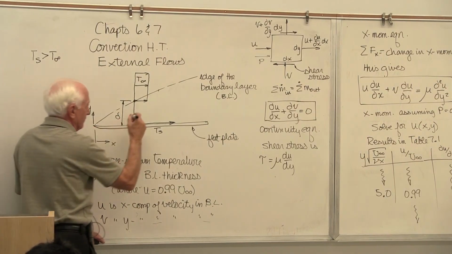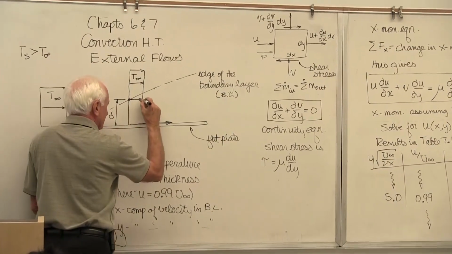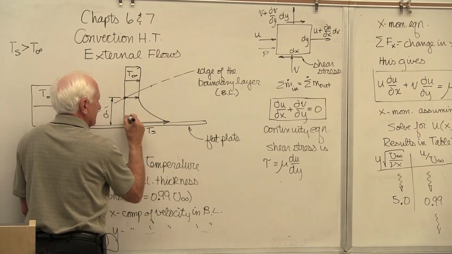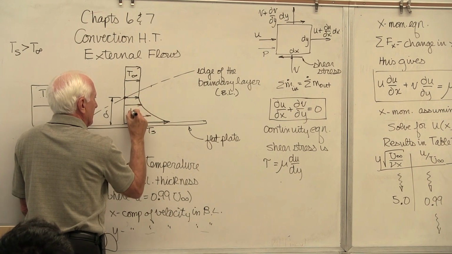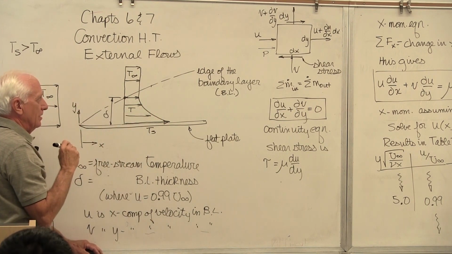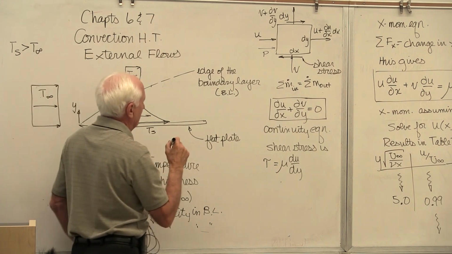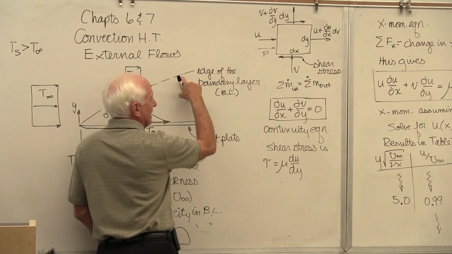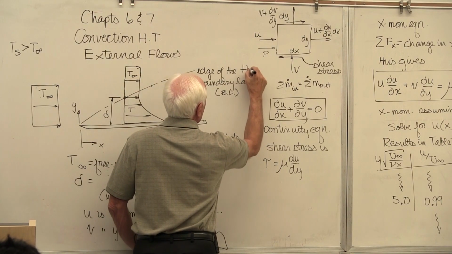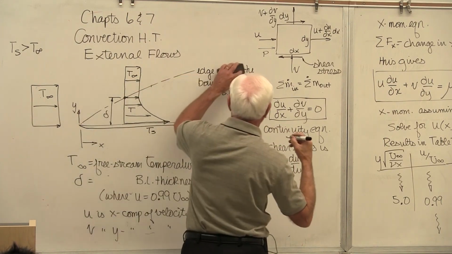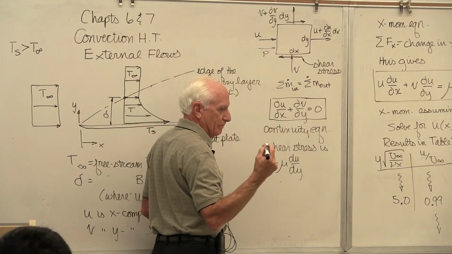Now you connect them, not linearly, of course, like this. And this is the temperature in the thermal boundary layer. T is the temperature in the thermal boundary layer. This line now represents the edge of the thermal, or temperature, boundary layer.